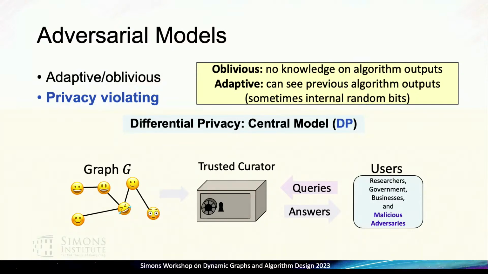And for these privacy violating adversaries, you can have two different types. You can have the central model of differential privacy, in which your private graph is given to some trusted curator. The trusted curator is responsible for coming up with a private algorithm for which they output privatized answers to queries.